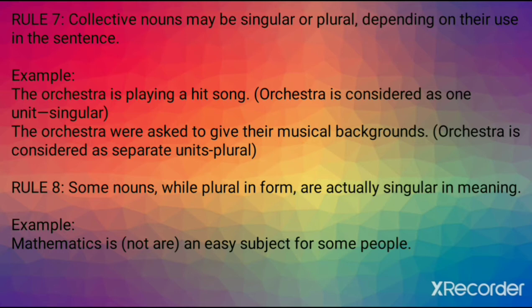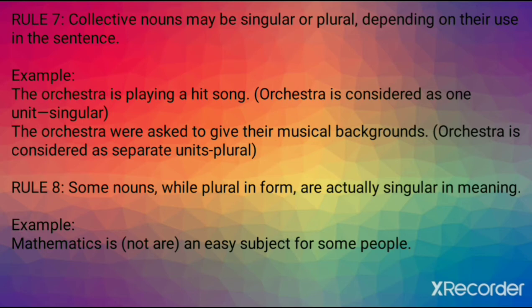Here is an example. Mathematics is an easy subject for some people. Here, mathematics is the subject, and is is the verb. So, mathematics is a singular subject. It is the name of a subject. Even though the word might sound plural, it is not a plural subject.